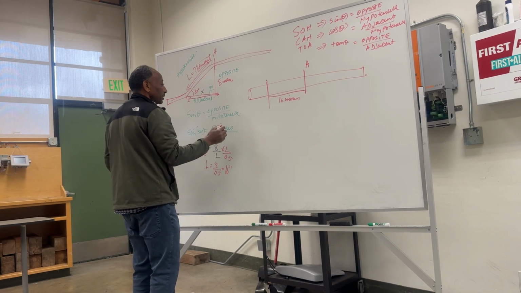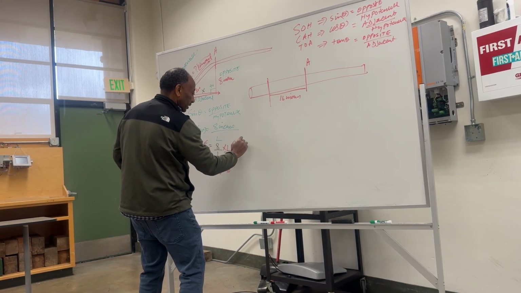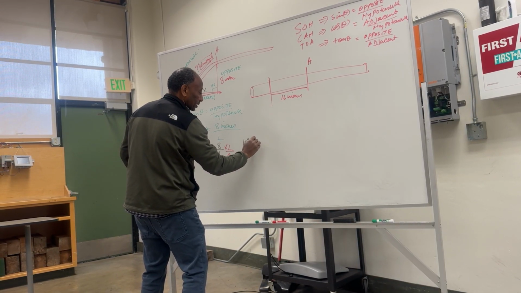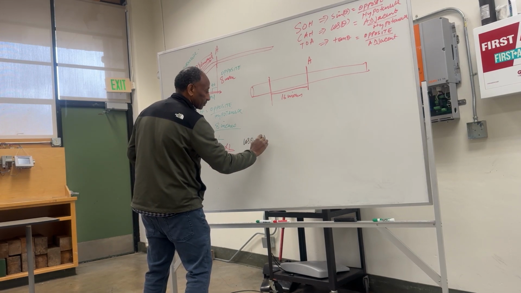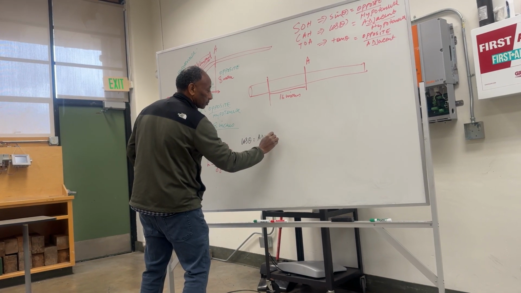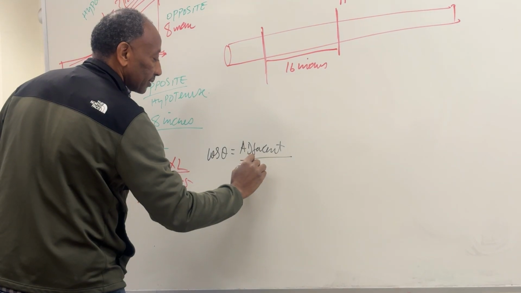And then this is adjacent. So let's call it cosine theta is equal to adjacent over hypotenuse.